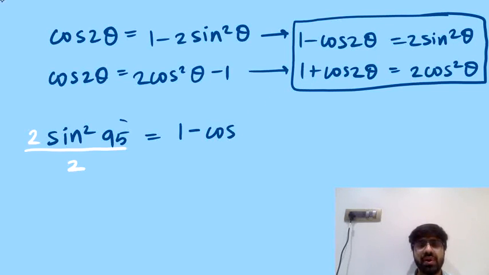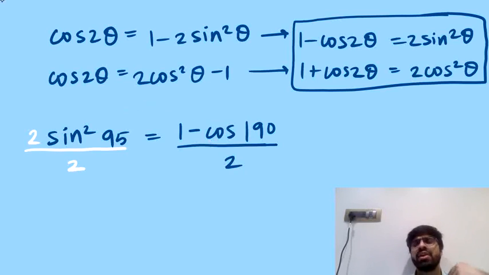Inside sine square I had 95, so the angle here will be double of 95, which is 190. And do not forget this divided by 2, because the 2 in the denominator stays the way it is. So sine square 95 is 1 minus cos 190 the whole divided by 2.